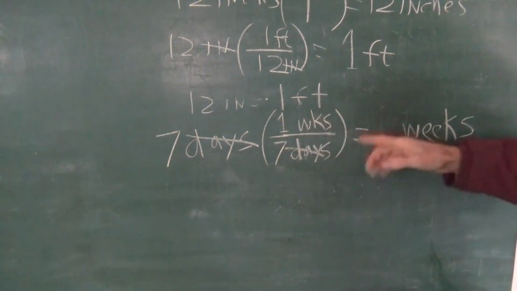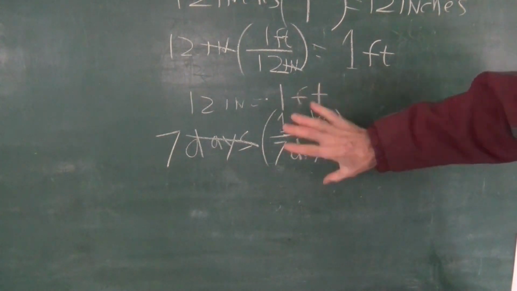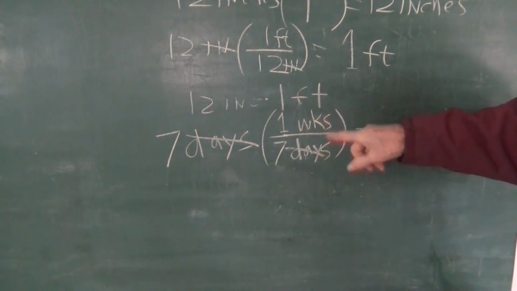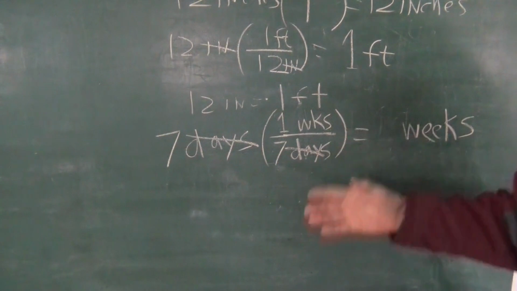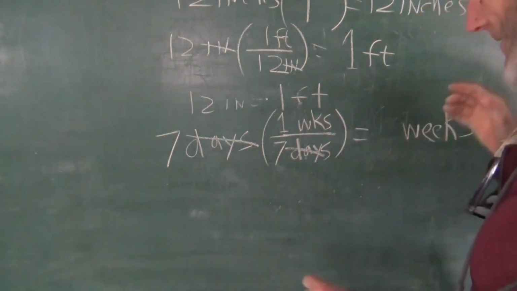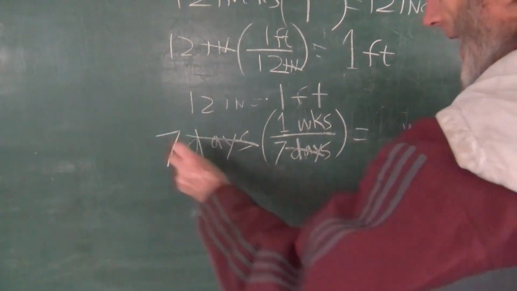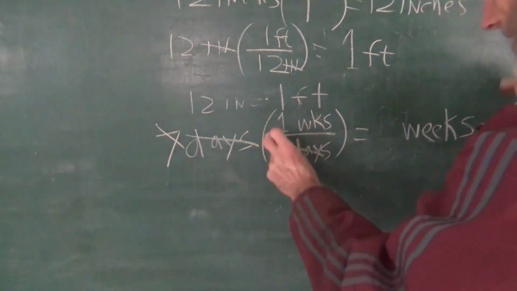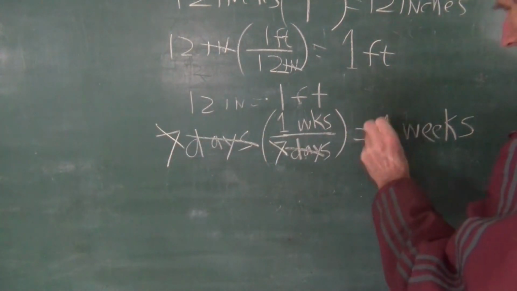So that now is the essence of a magic fraction. It equals 1, it has different units and different numbers. And the main thing is, it's useful for changing units. So in this case, the days cancel, and the 7 cancels also, leaving here 1 week.